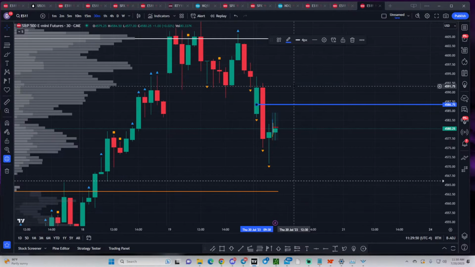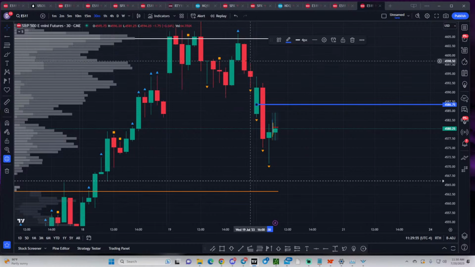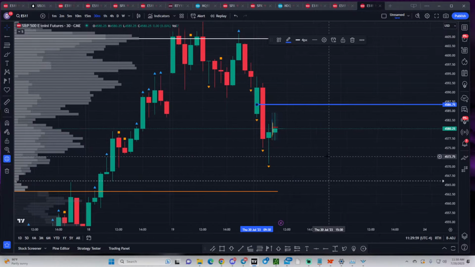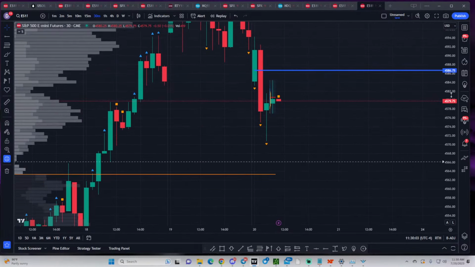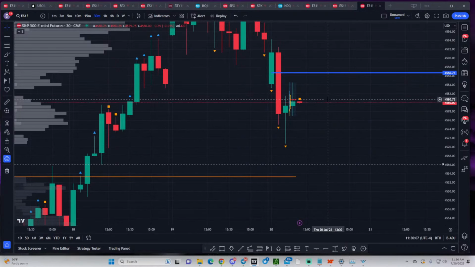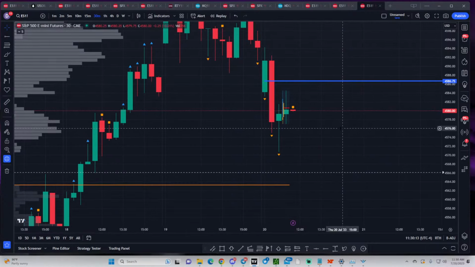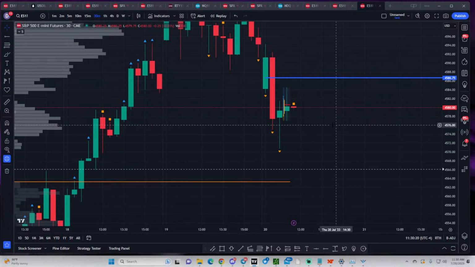Every time you see a little square here, it is an inside candle, so that candle's inside the previous candle. That's all it means. Now we get a new candle opening, and you can see in the ES that we are below the opening price. If we were to touch the open, then we would be one-time framing up, because you need two consecutive highs to determine whether you're one-time framing up or not.